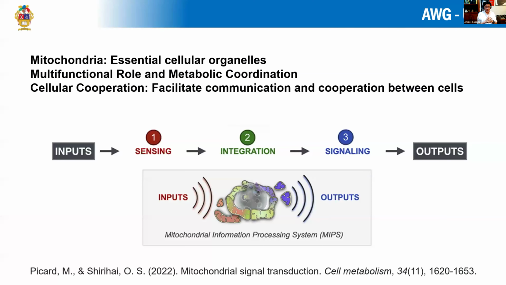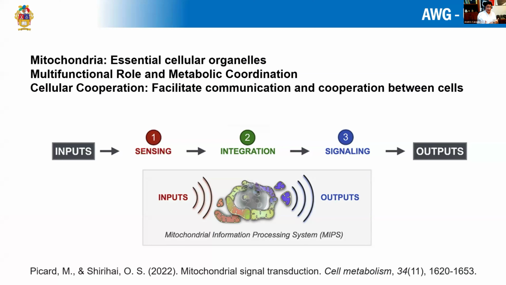First of all, the mitochondria is far beyond the powerhouse of the cell. It has a multifunctional role, and it coordinates the metabolic adaptation of a cell and also helps the cell communicate with others in order to preserve our health and to respond to stress. So the mitochondria supports the cell in the physiological adaptations that it needs in order to overcome stress.